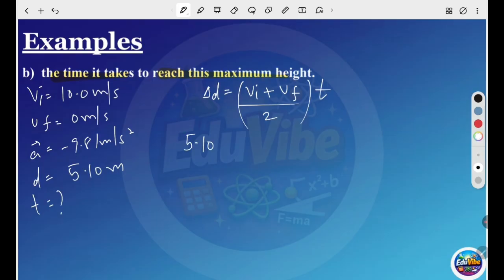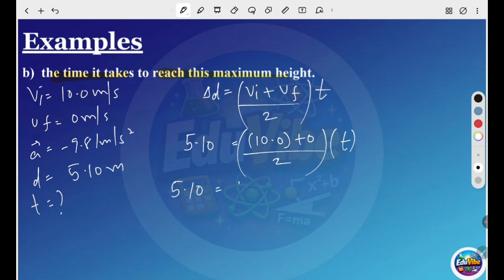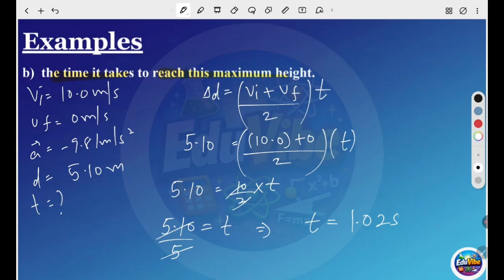The distance is 5.10, vi is 10.0 plus 0 upon 2. So 5.10 is equal to 10 upon 2 times t. This goes on 5, and 5 is multiplied here, so it goes as a divide. So you get time of 1.02 seconds.